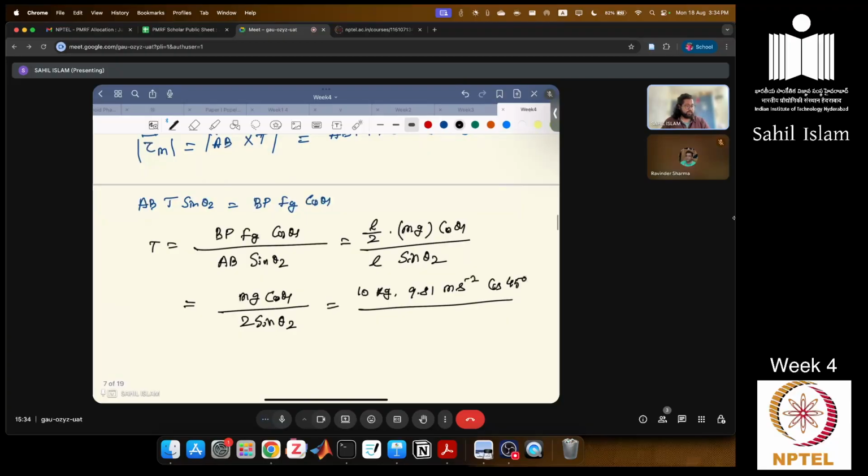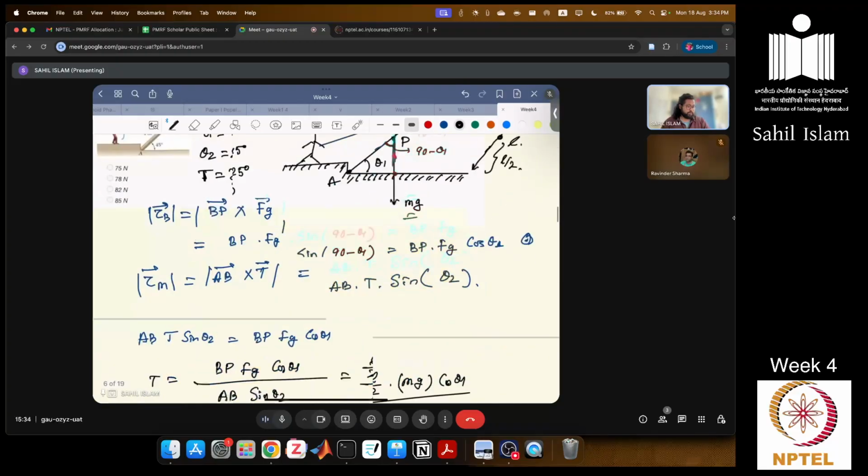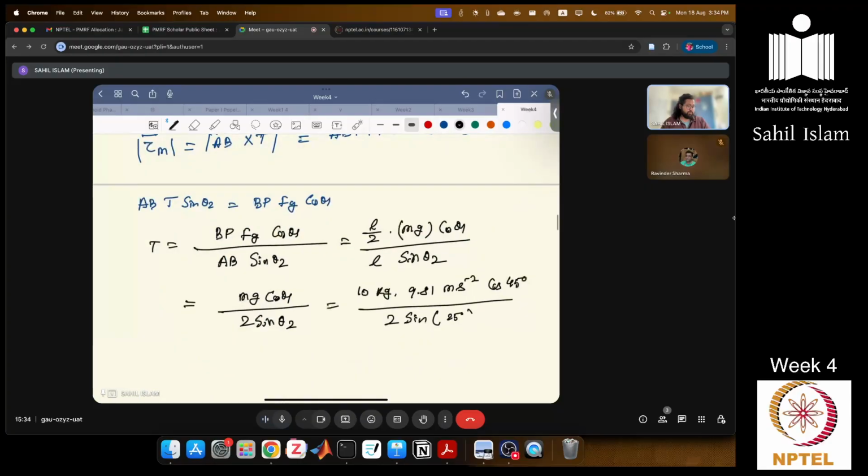So T becomes, M is 10 kg, g is 9.81, cos 45 degree, over 2 sine theta 2. Theta 2 is 25 degree. So if you calculate it, the tension comes out to be 82.06 Newton around.